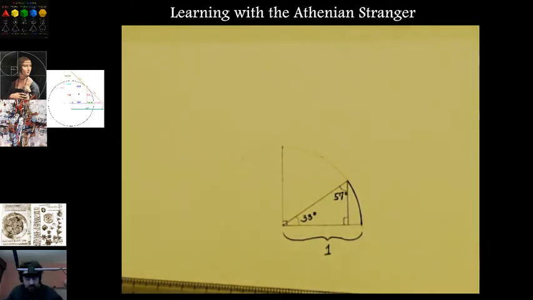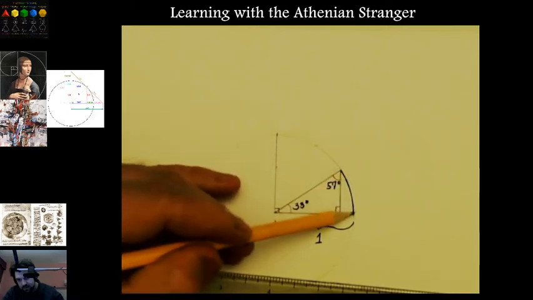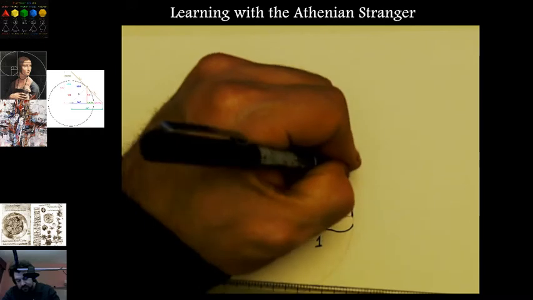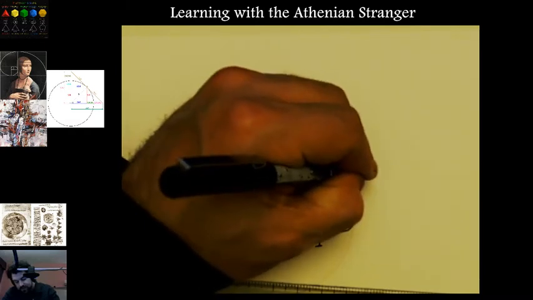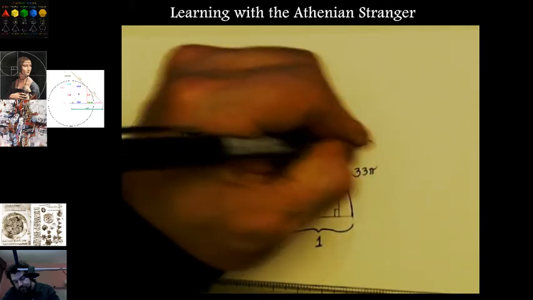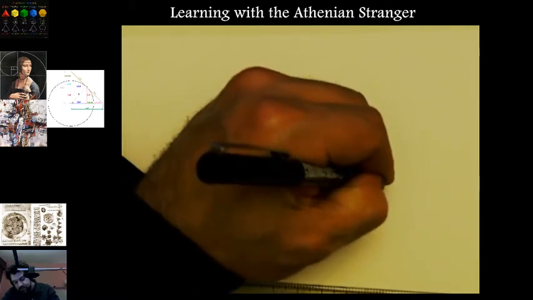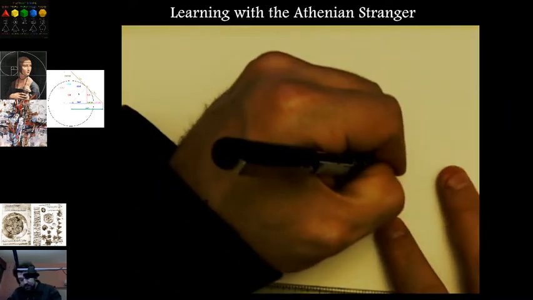Okay. So this distance from right here to right here is equal to the radian of 33 degrees, which was 33 pi over 180 radians.